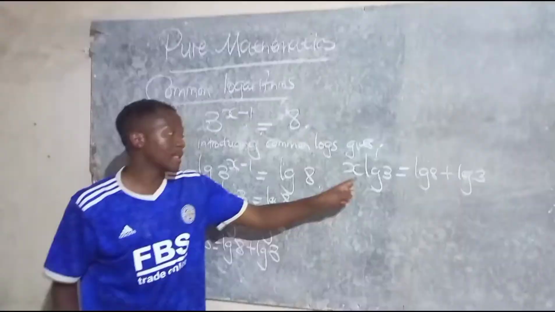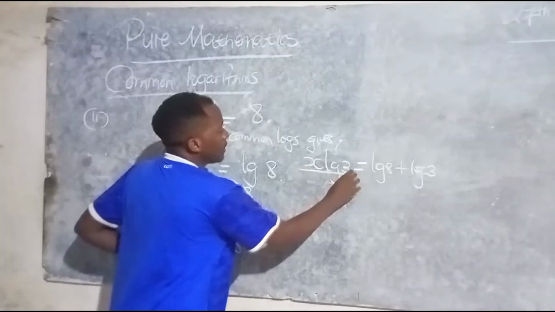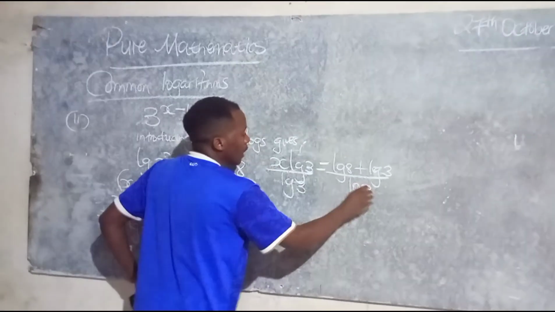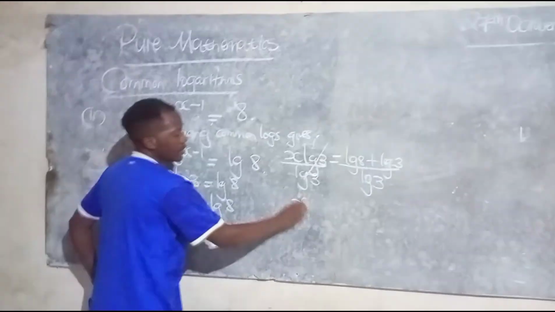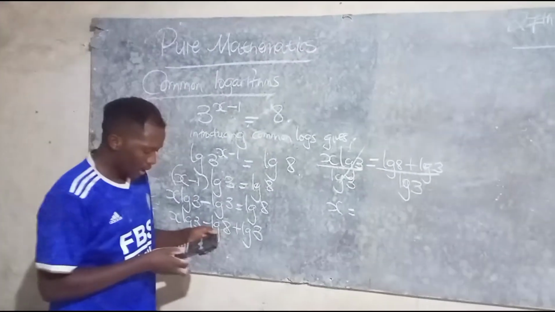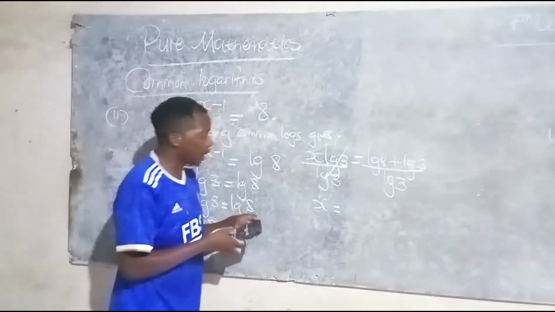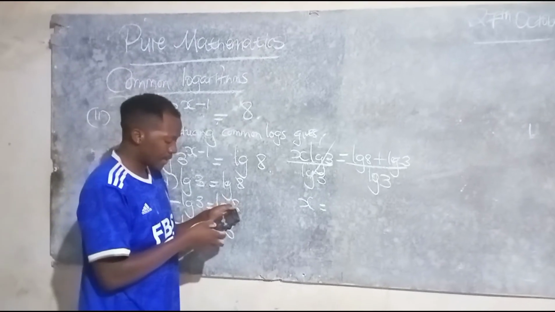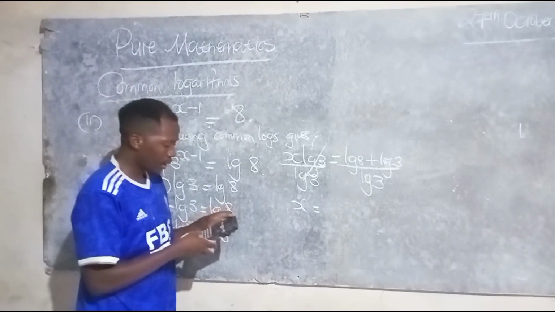Before finding the answer, I can now divide with log 3. So I'll say divided by log 3, divided by log 3. So this and that cancel, so x finally equals log 8 plus log 3, over log 3.